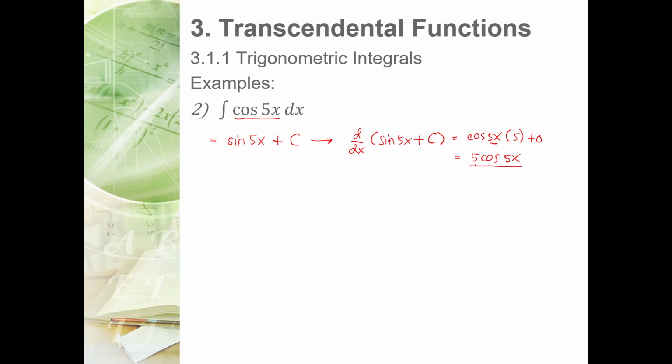Alright, so meaning our answer earlier is not correct. What is lacking in our equation? If we go back to the formula, the formula states that the integral of cosine x is equivalent to sine x plus c, or u, depending on the variable you want to represent your angle.